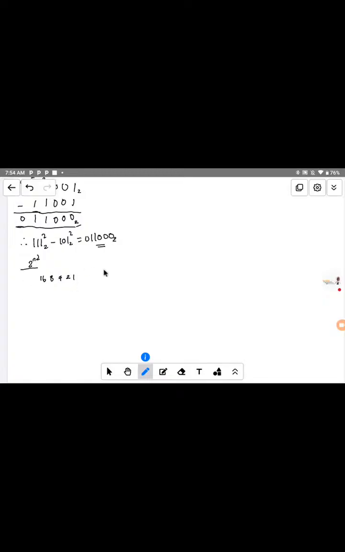So if it is base 3 or any base, maybe base 4, base 5, base 6, it is the same way you do it. If it is base 3, you start from 1, and to get the next code, you multiply this 1 by 3 because it is base 3. If it is base 4, you multiply the 1 by 4.